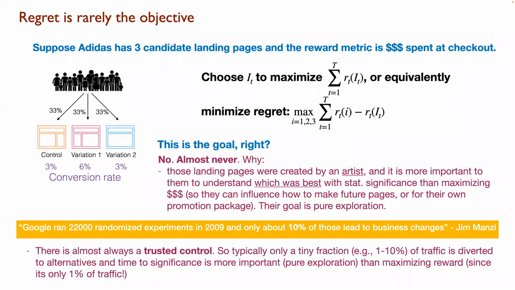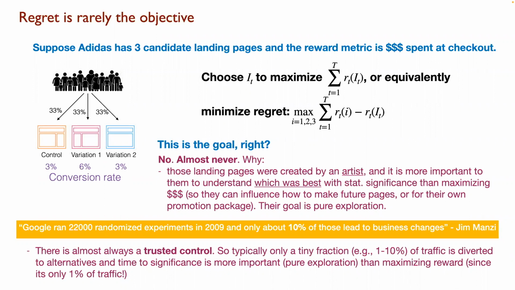And finally, most experiments fail. Most experiments are bad. Some numbers are 10%, 20%, but only about 10 to 20% of changes or A/B tests actually result in changing something, actually finding a variation that works. And so there's almost always a trusted control that you never want to deviate from.